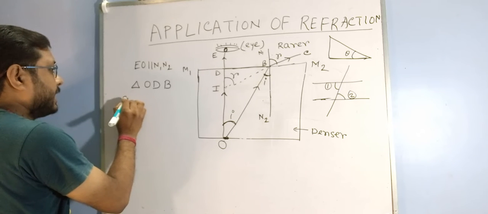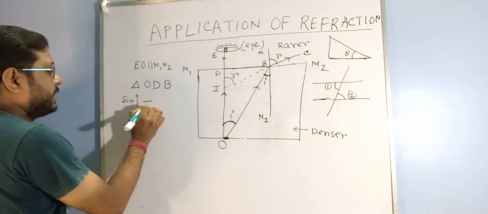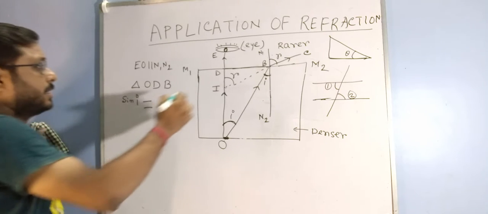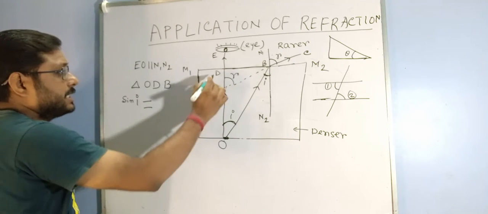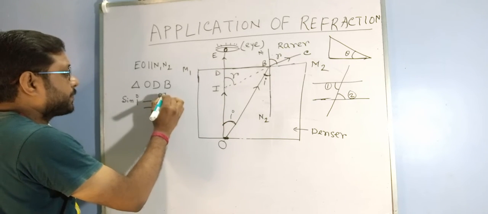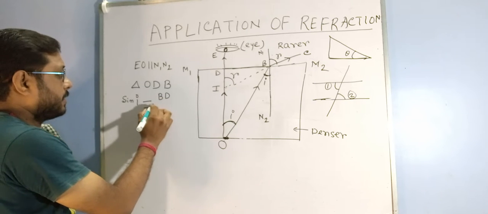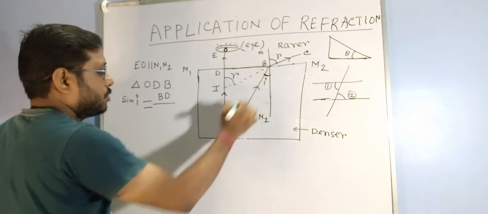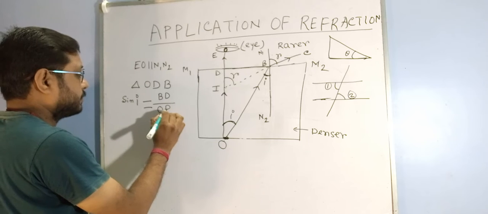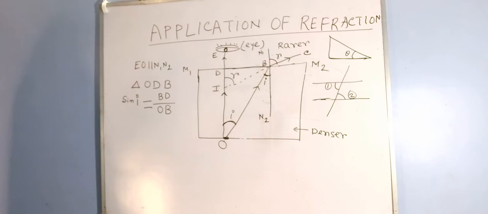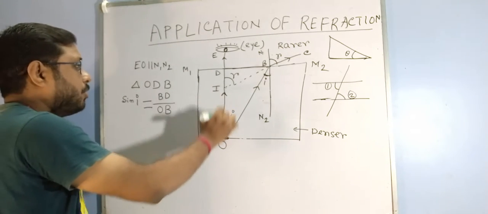then sine of I, if we know sine I, perpendicular to hypotenuse, that is BD by OB. We can write sine I is BD by OB for triangle ODB.